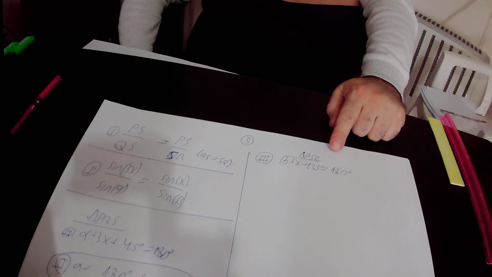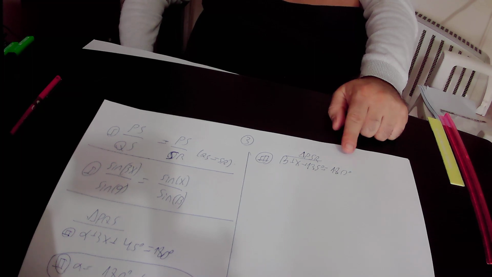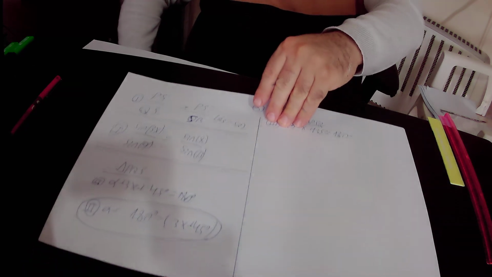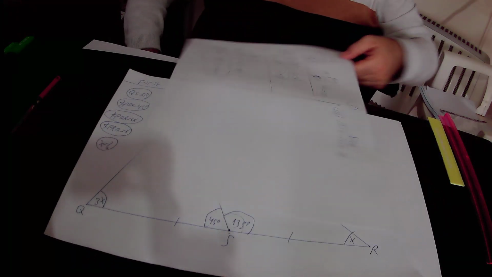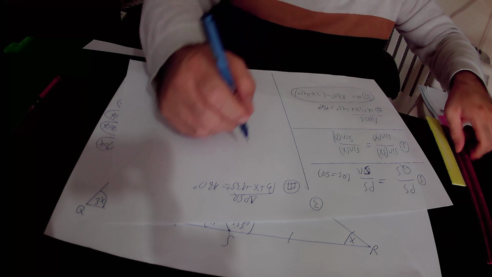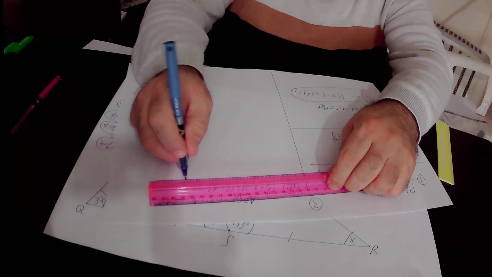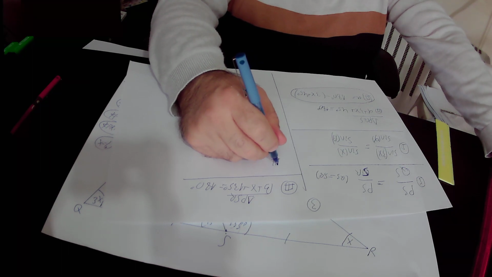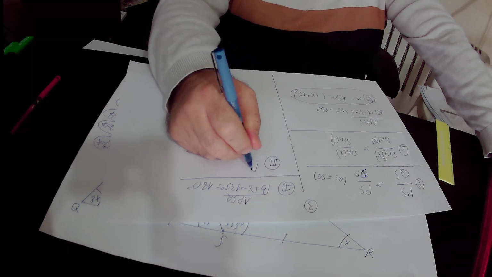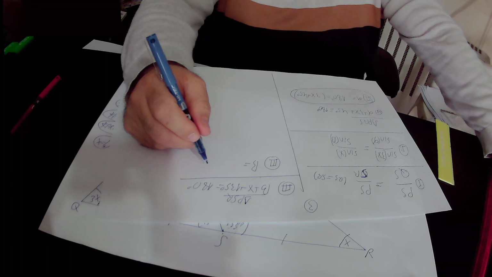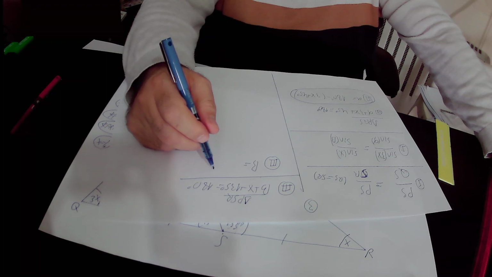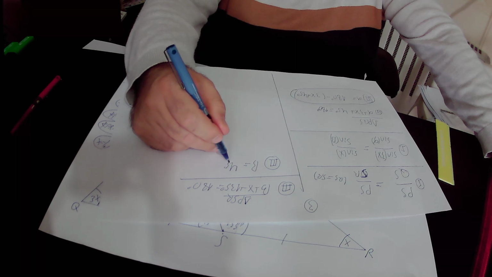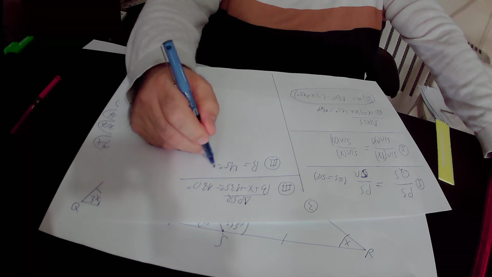Here we will subtract 135 degrees and also x from equation number 3, and we will get that angle beta equals 180 degrees minus 135 degrees, which is 45 degrees, minus x.